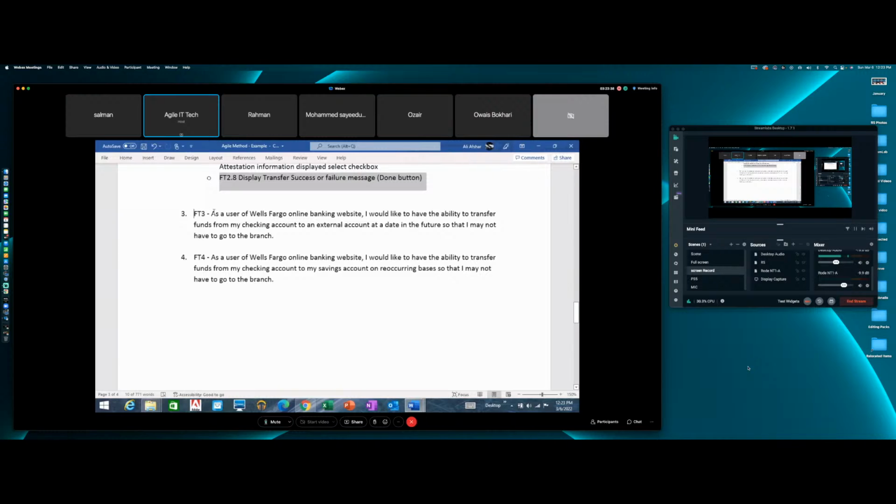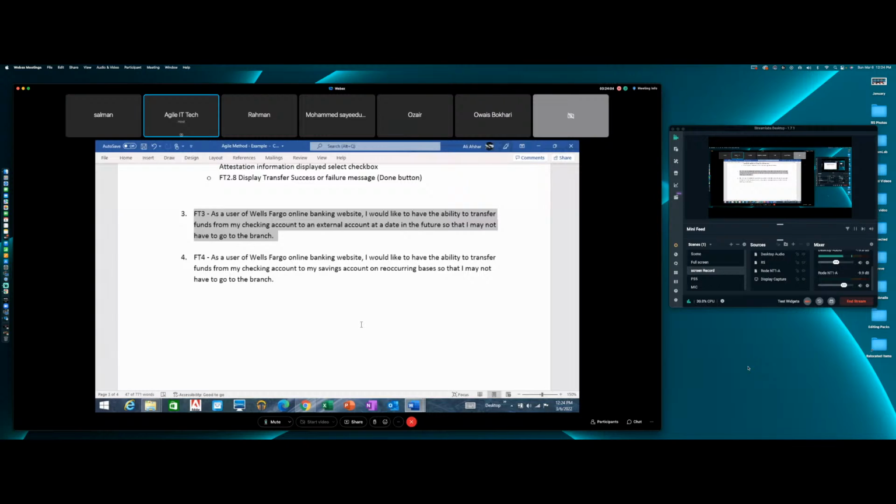So here's another user story, FT3. As a user of Wells Fargo online banking website, I would like to have the ability to transfer funds, checking account to external account at a date in the future. So here we are talking about scheduling a transaction for a future date. You have to think about how the user will be able to select a date, probably a calendar option. There should be a calendar icon.